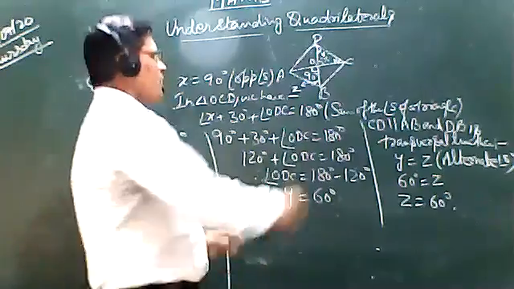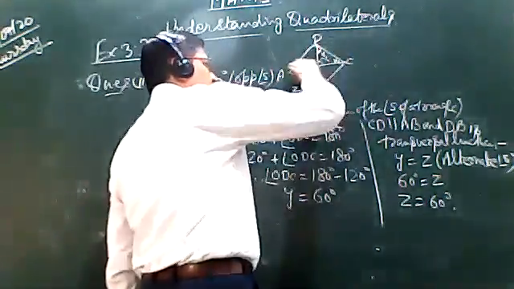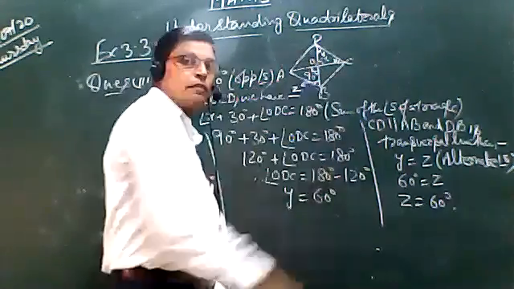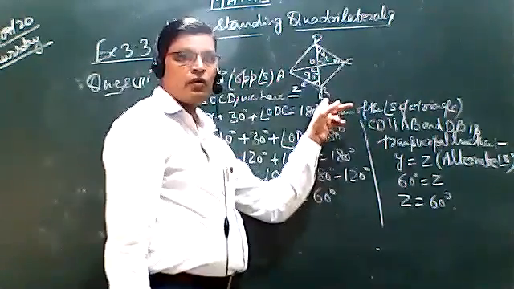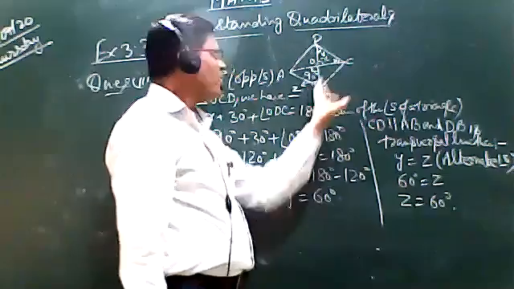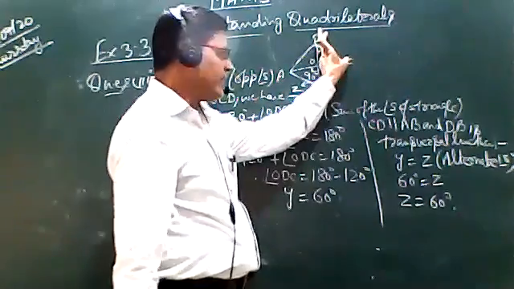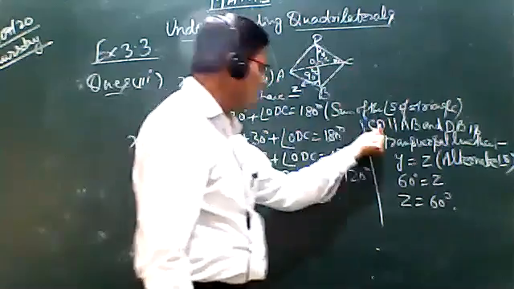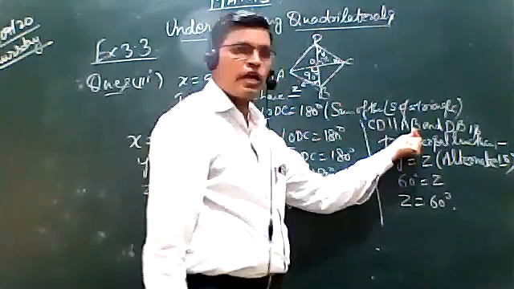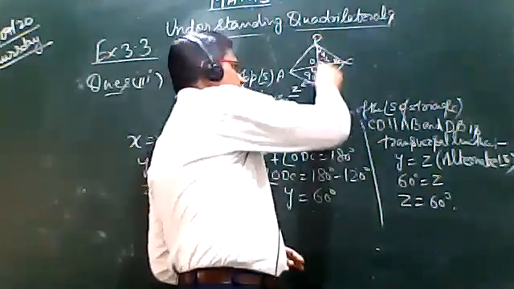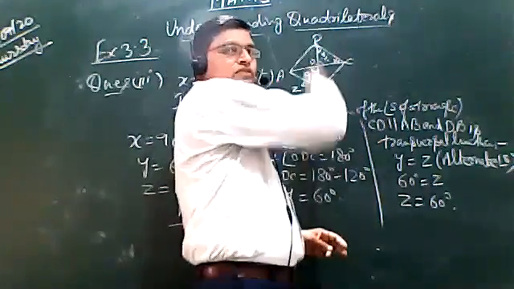Now this line, CD and AB, because it is a parallelogram. Because it is a parallelogram, therefore AB and CD are parallel lines. So now we'll write here CD is parallel to AB and DB is a transversal line. देखिए transversal line है.